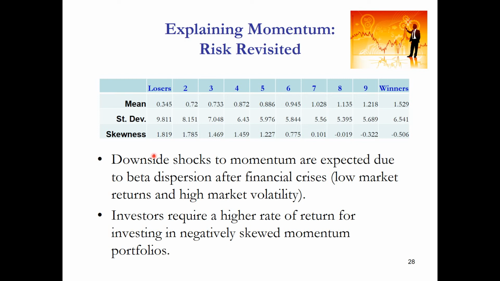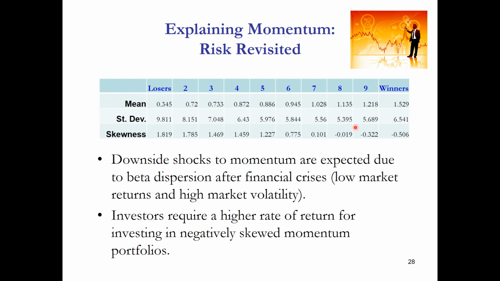Despite earning lower average returns, the returns on the loser portfolios tend to be highly positively skewed. You can see the skewness is 1.8, whereas returns on winners tend to be negatively skewed. As we move from losers to winners, the skewness decreases and then becomes negative.